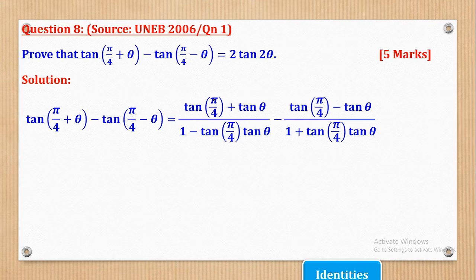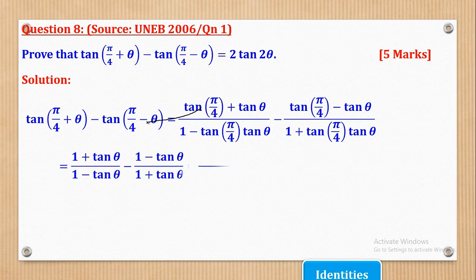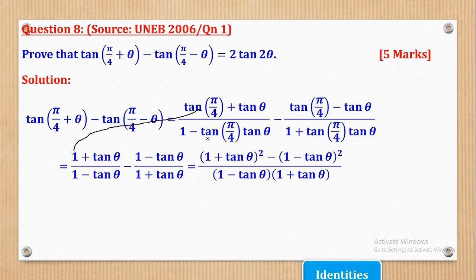So this pi over 4 is radians, and in degrees it is 45, and we also know that tan 45, if you press the calculator, you'll get 1. Therefore, where there is tan pi over 4, we shall put 1 here, and also here we shall put 1. Similarly, here it will be 1, and also here it will be 1.